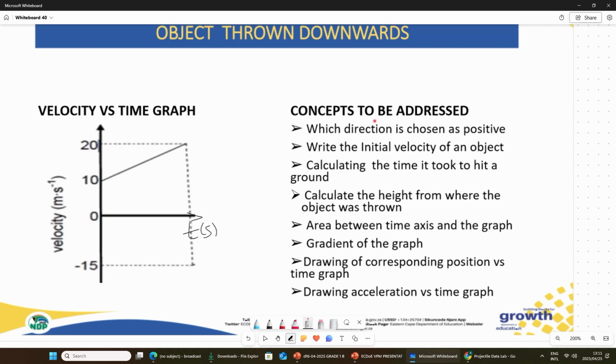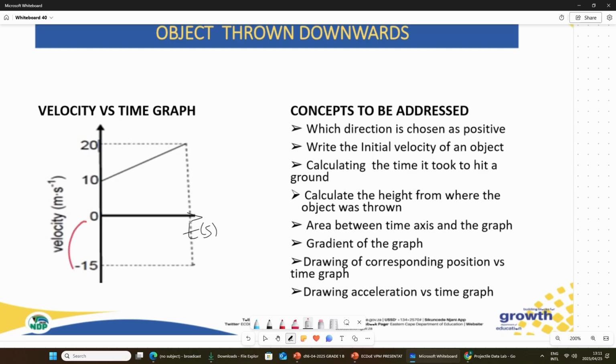Now let's focus on the concepts that need to be addressed in this type of question. Also the most important part before we go to the calculation is that we must be able to choose which direction is being given as positive. If we're given the graph, they have already chosen for us which direction is positive.